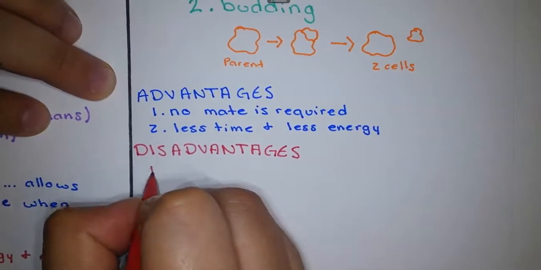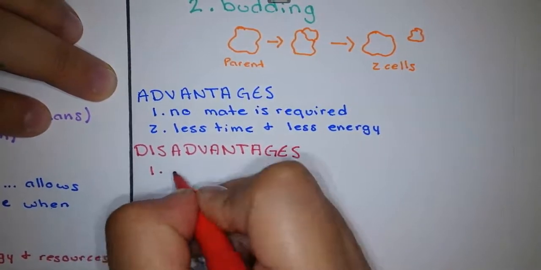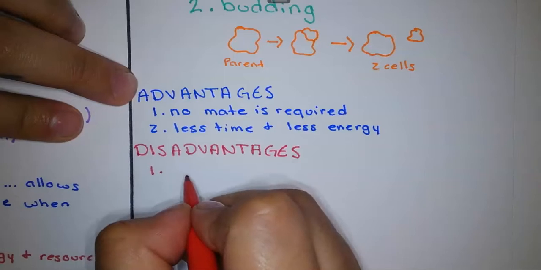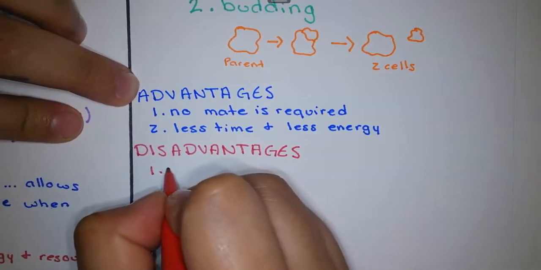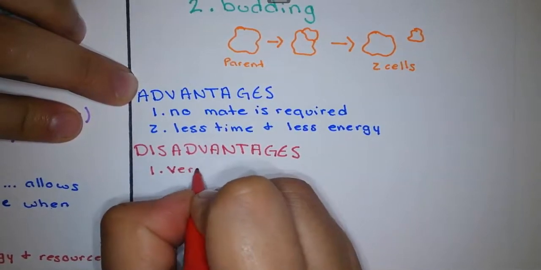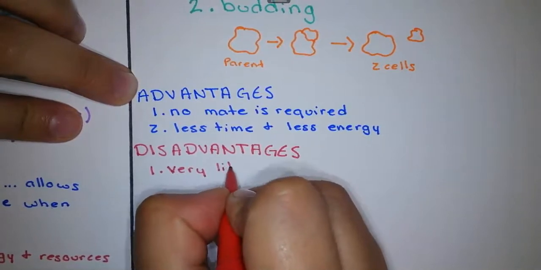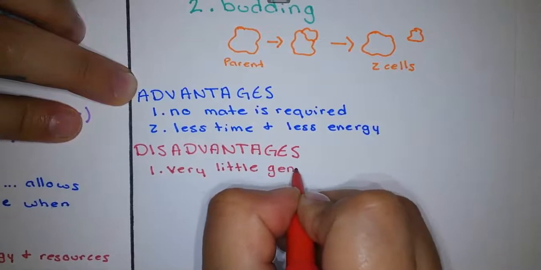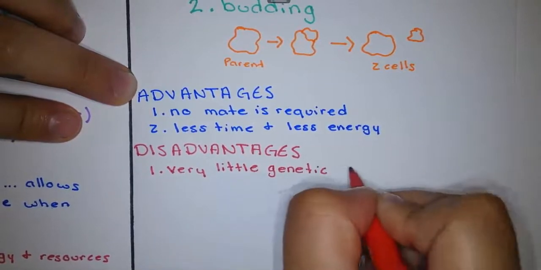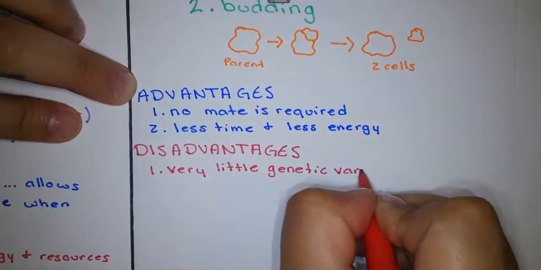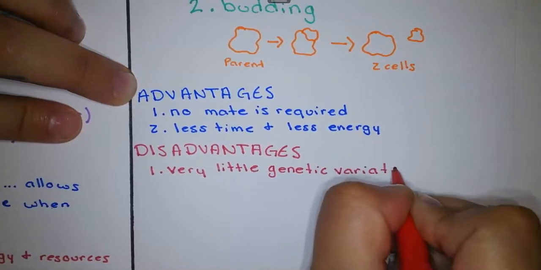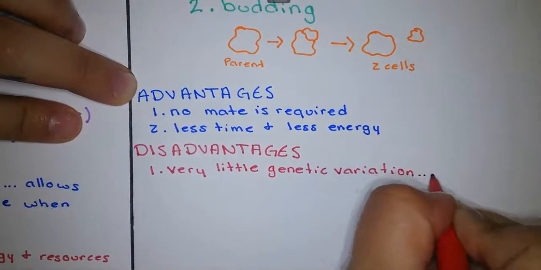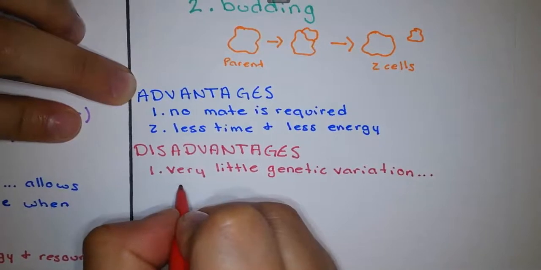The first disadvantage is that there's very little genetic variation, which means that they are all clones.